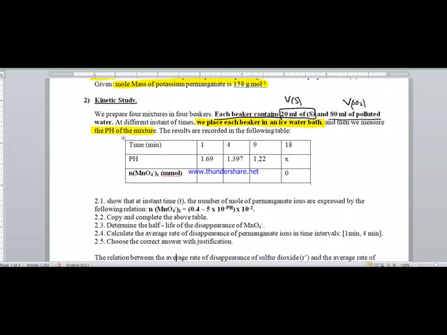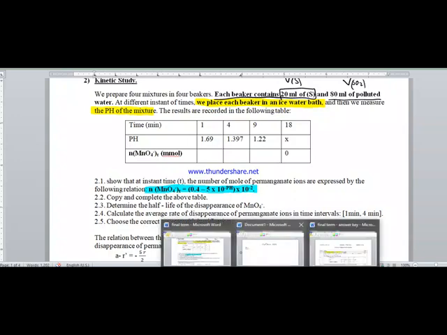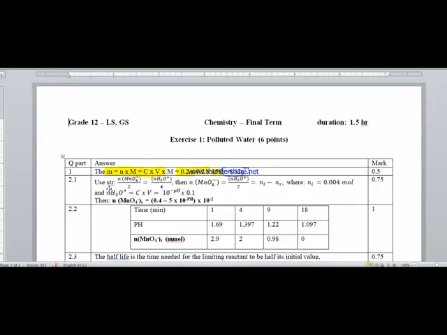Part 1 shows that at an instant time t, the number of moles of permanganate ions is expressed by the following equation. Then we want to verify the following relation between the number of moles of potassium permanganate and the pH of the solution obtained at different instants of time. To find the relation we apply the stoichiometric ratio.